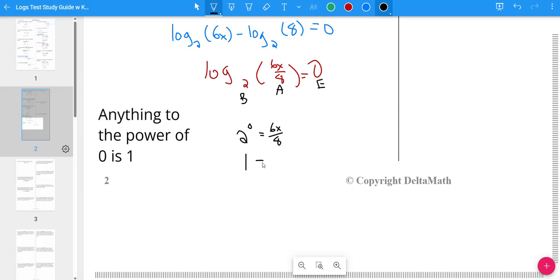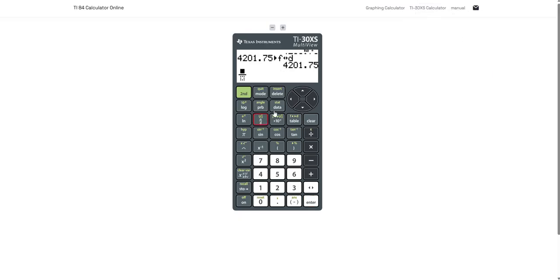So this gives me 1 equals 6x over 8. So let's times 8 on both sides. So 8 equals 6x, divided by 6. Now we just put this in as a fraction, 8 over 6. It's 4/3.